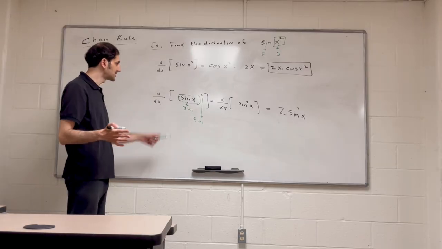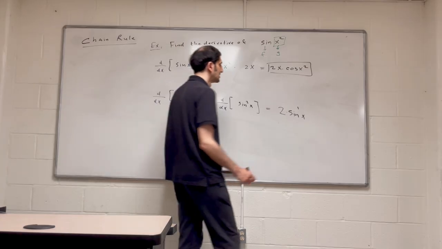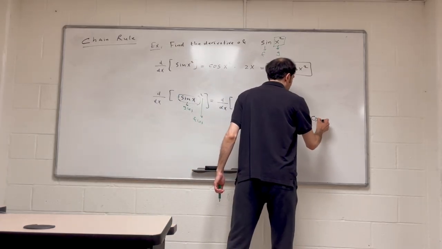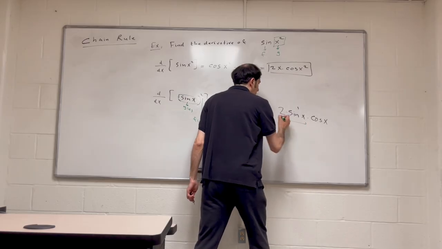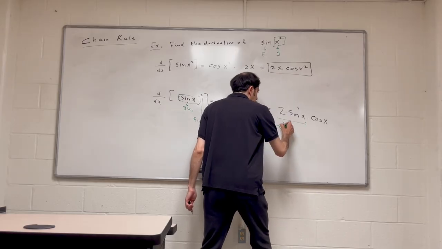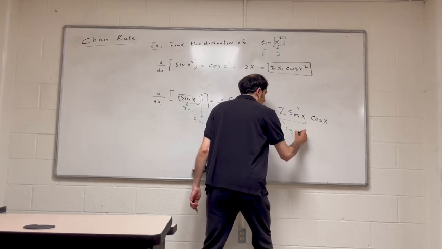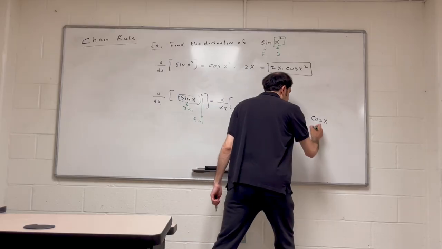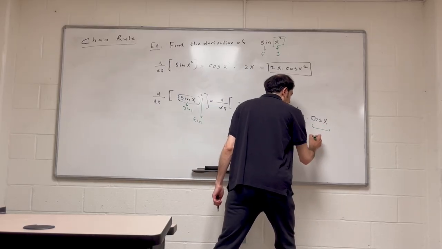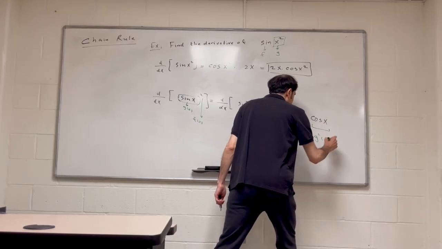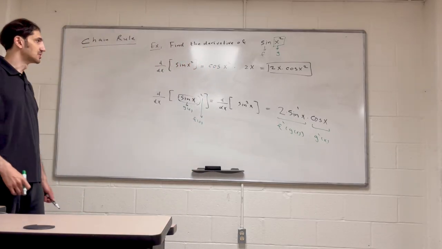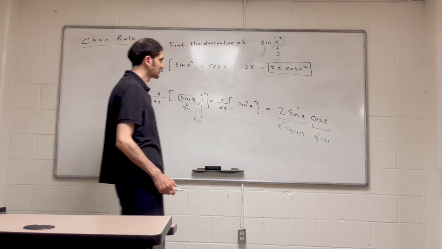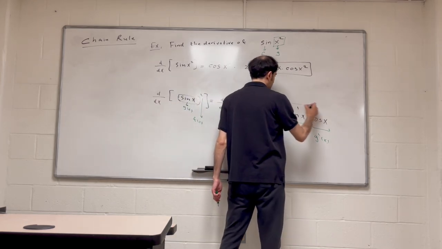We already said that the derivative of sine is cosine, so I have to write it here, cosine x. So here is the derivative of the outer function, and I will write it again, f prime of g(x) multiplied by the derivative of the inner function, which is g prime of x. And this is the chain rule. And as you can see here, my answer is different from the answer I have above.